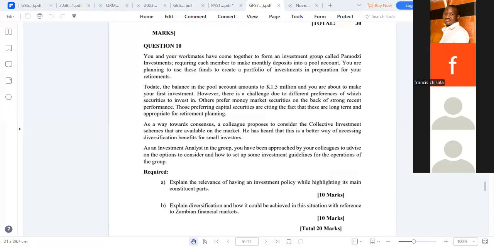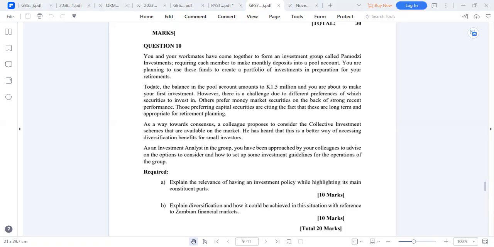Maybe investment objectives. Objectives, huh? Maybe asset allocation. Asset allocation, uh-huh. Objectives, asset allocation, correct?